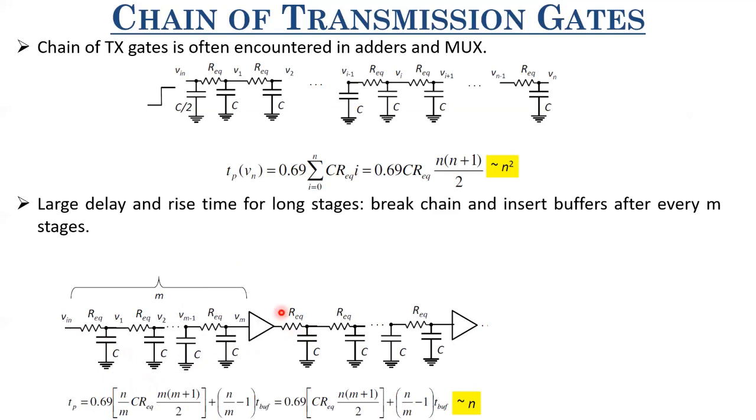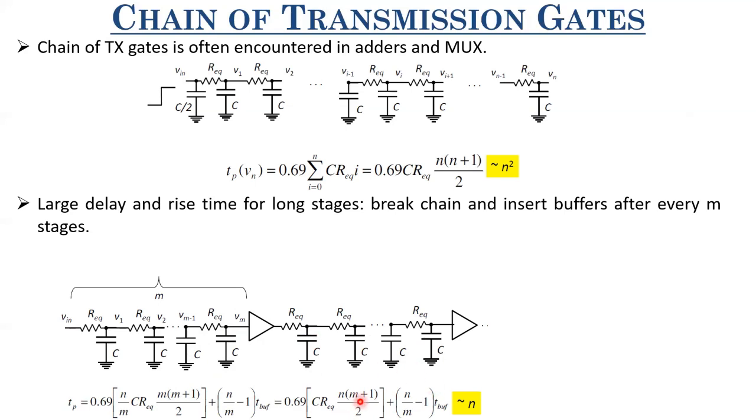And then to that, we also have to add the delay of the buffer, right? And how many such buffers are there? n by m minus 1. Why minus 1? Because at the output, we don't have a buffer. So this is the delay of an arrangement in which you have broken the chain and added buffers every m stages, so as to reduce the delay and to realize a good rise time as well.